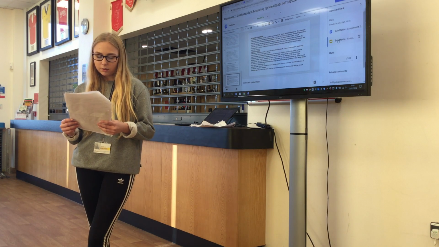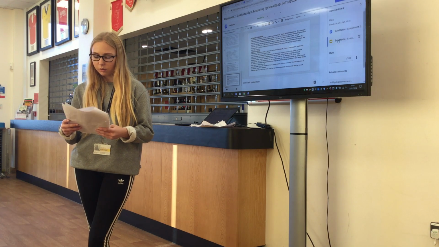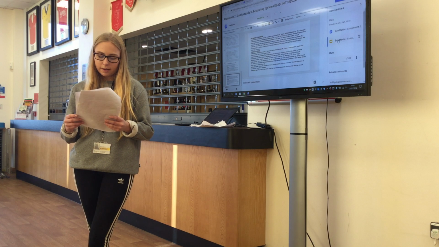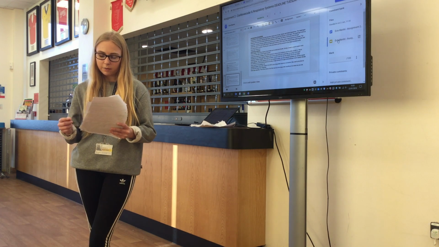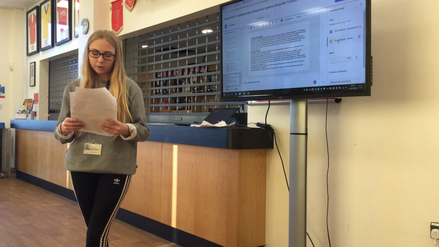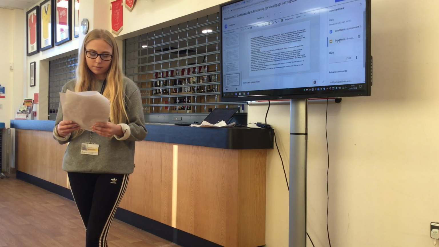Expiration is where the diaphragm relaxes and allows the abdominals to contract. And then the thoracic cavity decreases, and the pressure in the lungs increases. So that's breathing out.